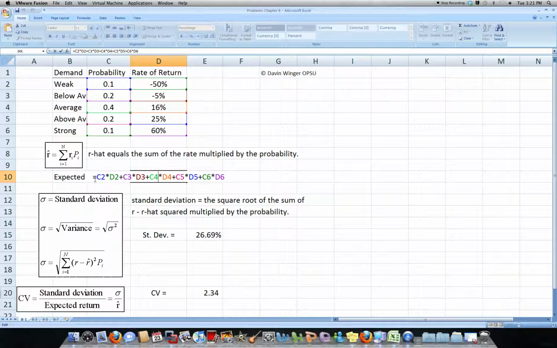times the probability. We start the formula with equals, and we have C2, right here is C2, times, that's what this little asterisk is, the rate of return.